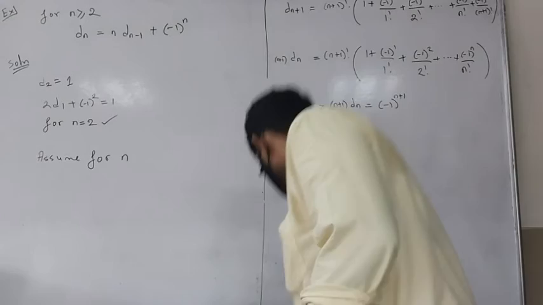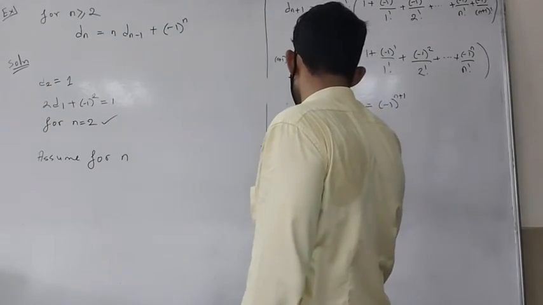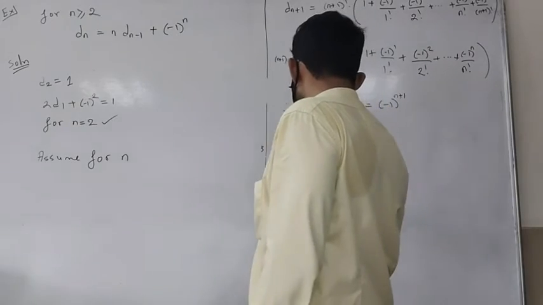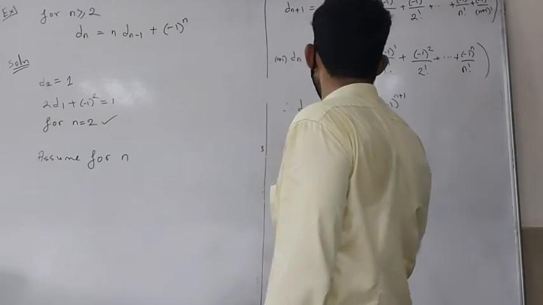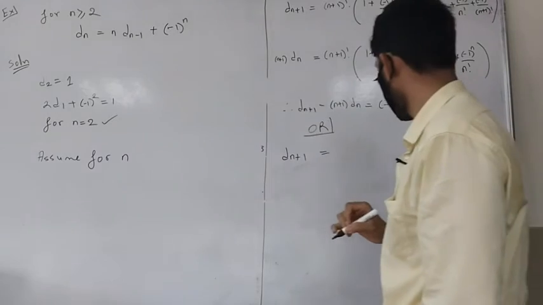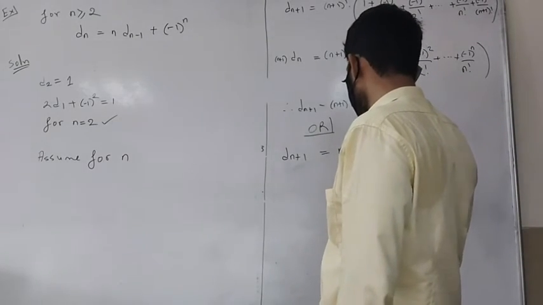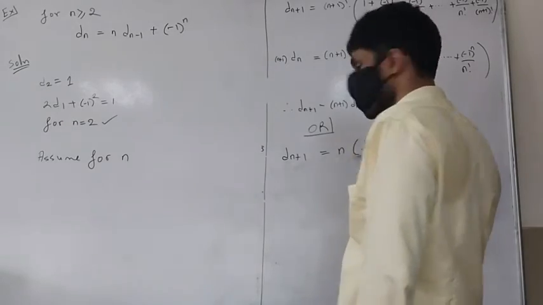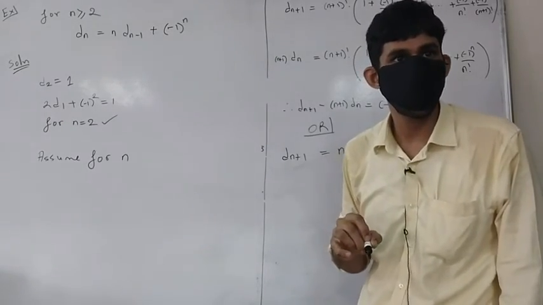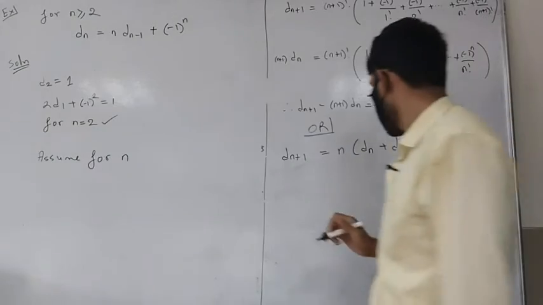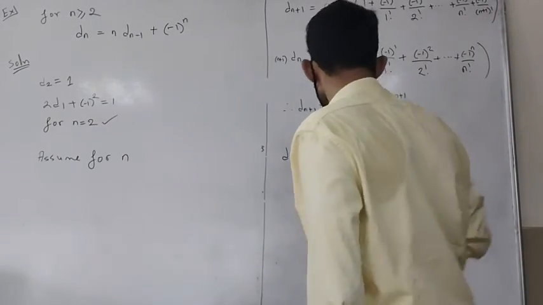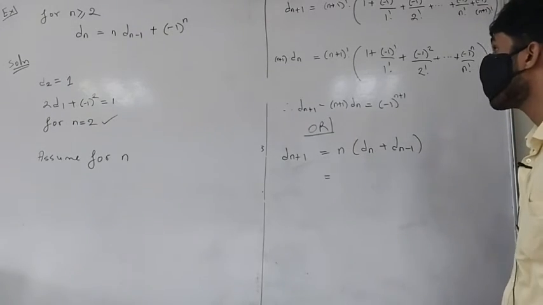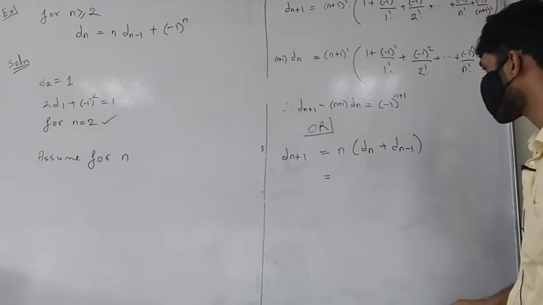Let me show you. So dn plus 1 we know is n times dn plus dn minus 1, correct? We know this fact. Let's try to use this.